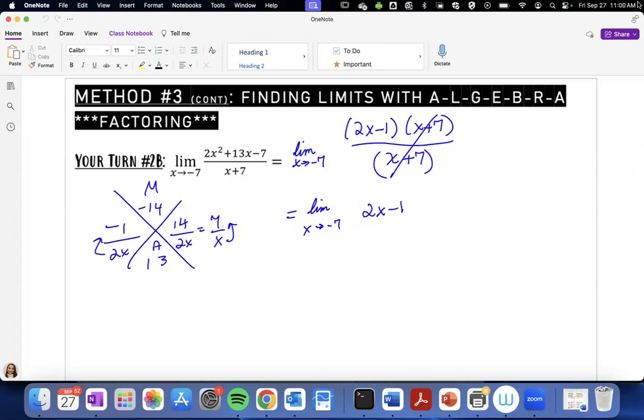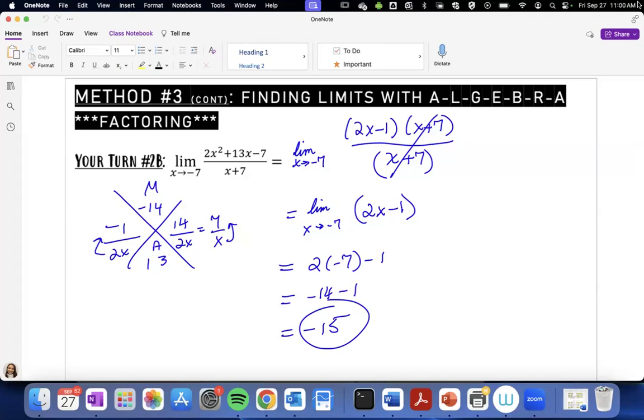So you do need parentheses there. And now we can plug in because we got rid of what was making it indeterminate. Yep, -15. We feeling okay with this?